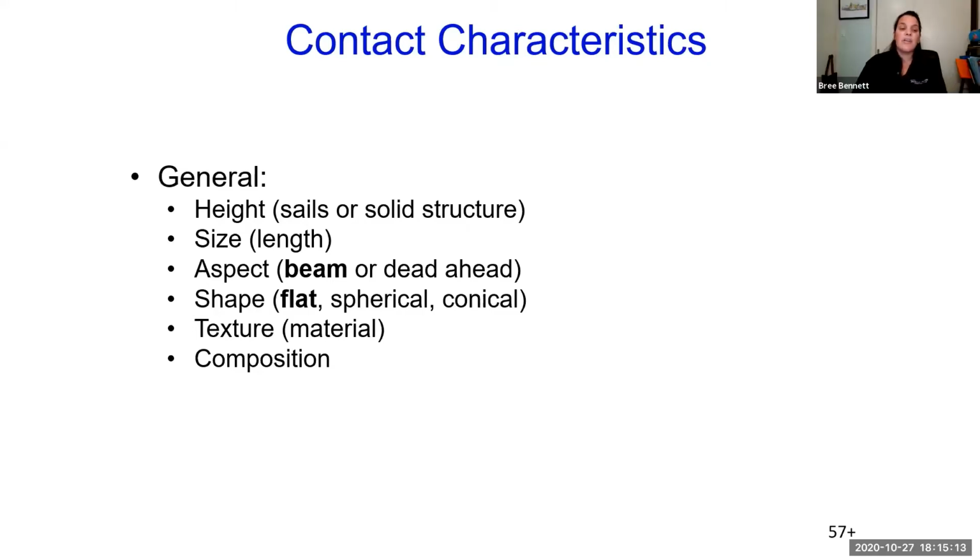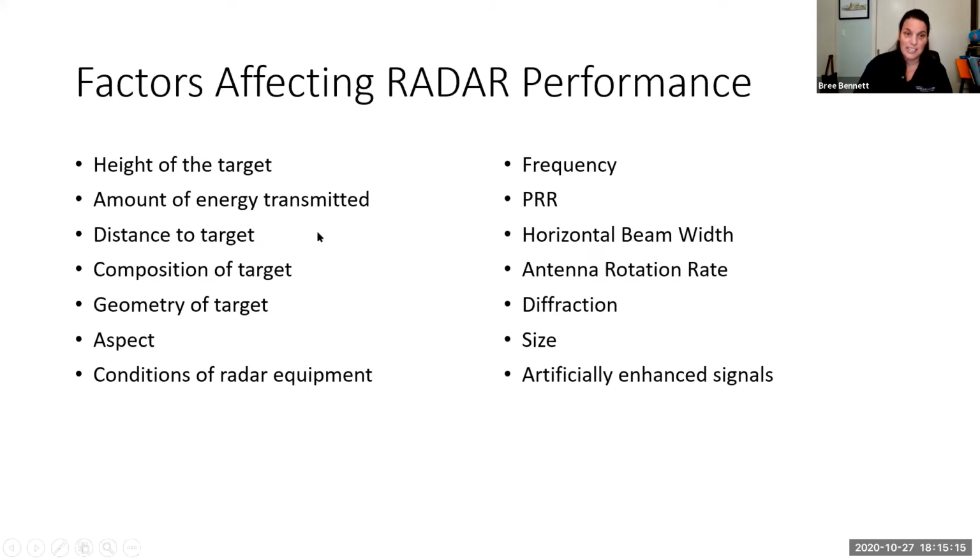Yes, and it can be all of these things. When you get a weak return coming back, it could be distance, it could be the geometry of the vessel, it could be our pulse repetition rate. It could just be one, but we want to be aware of them.